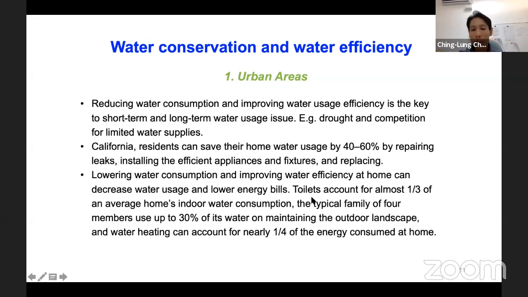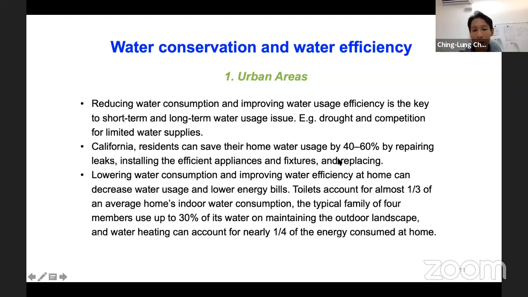This is data from the US: toilets account for almost one third of average home indoor water consumption. A family of four uses about 30% of its water on maintaining outdoor landscaping. And water heating can account for about one quarter of the energy consumption at home.